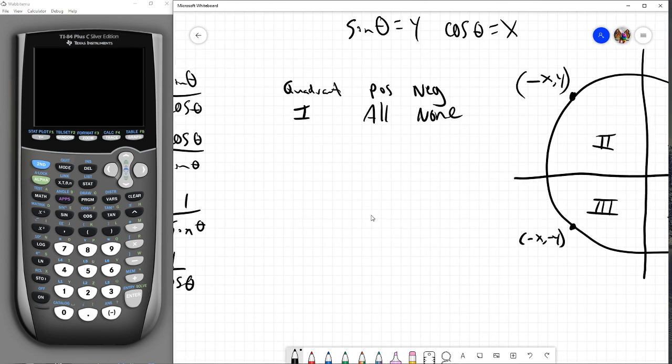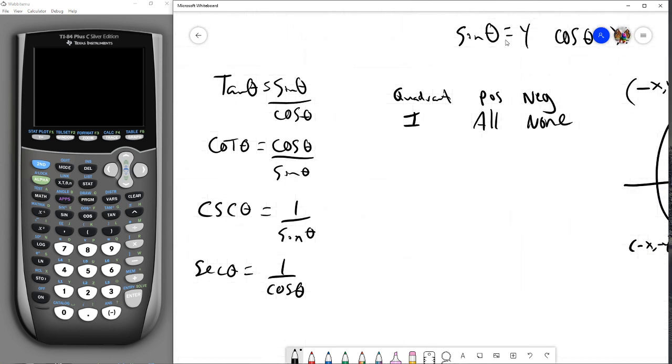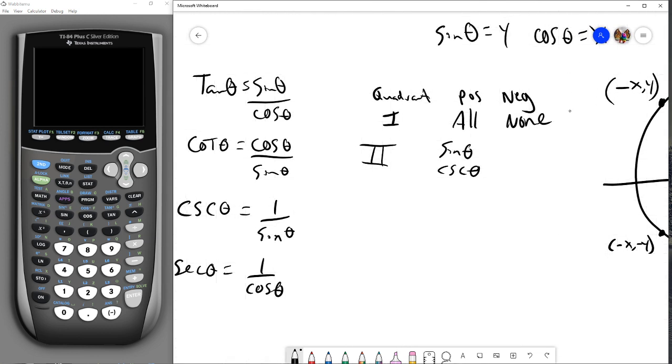So since sine, that's y, is positive, cosecant's going to be positive. So sine, cosecant theta. This is quadrant 2.